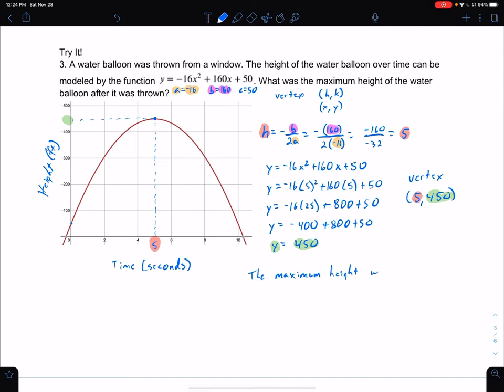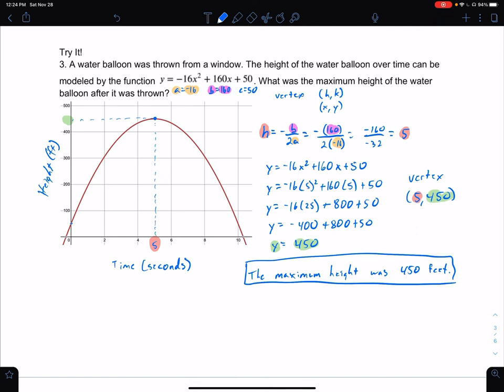Maximum height was 450 feet, which is pretty impressive considering somebody threw this balloon out of a 50-foot window. But that's your answer, so we're just going to go with it. So the maximum height was 450 feet, and that was reached after 5 seconds.